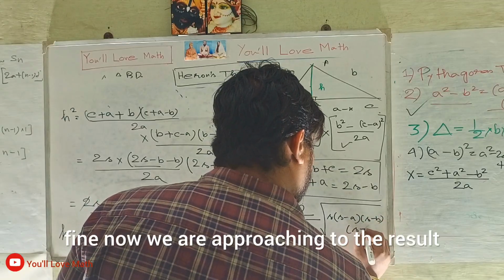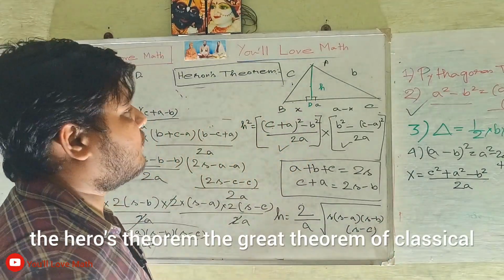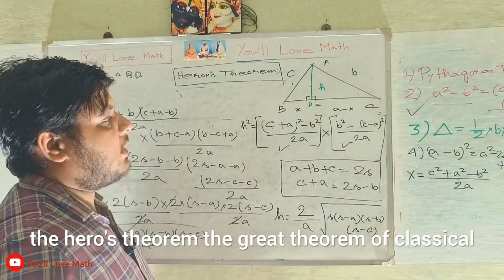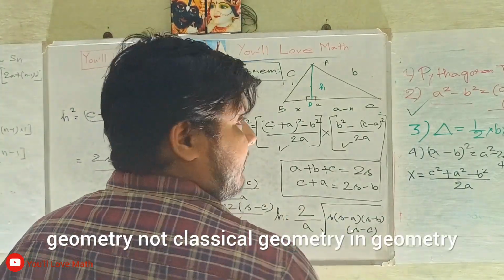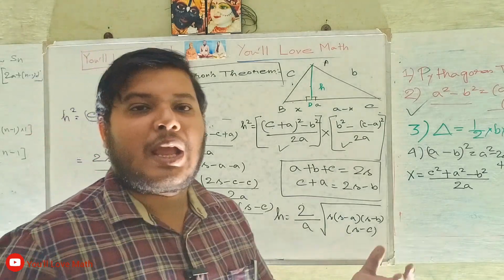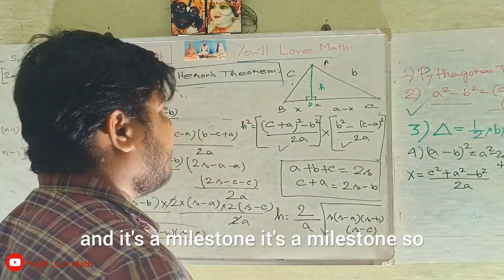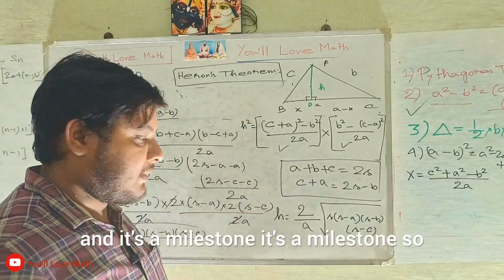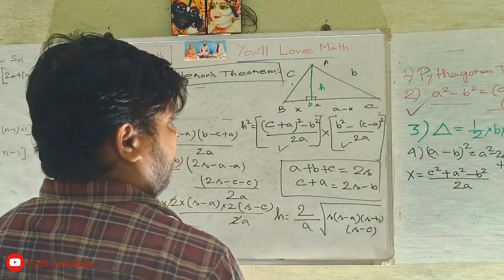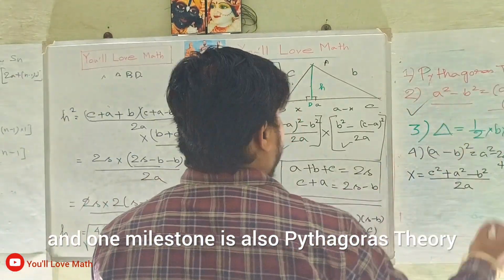Fine. Now we are approaching the result. Heron's theorem is a great theorem in geometry and trigonometry, and it's a milestone. Another milestone is the Pythagoras theorem.